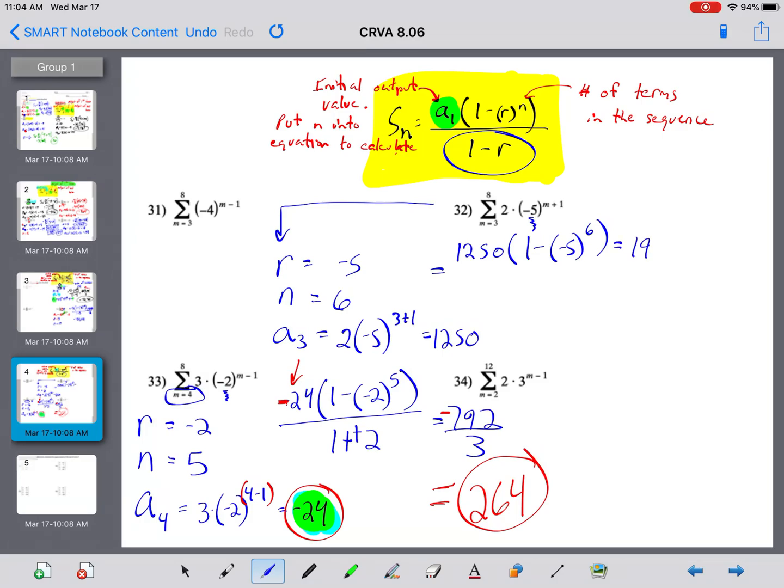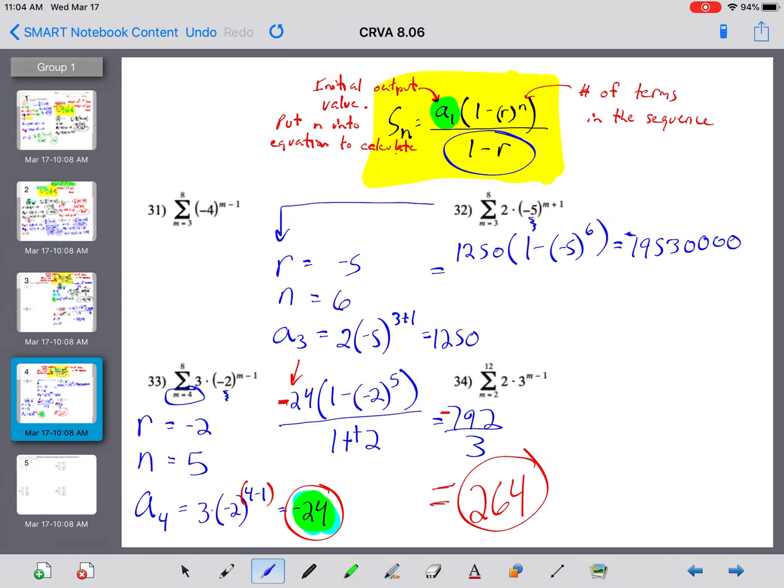Wowzers. 19. Oops, that's a negative. Yes, that's a negative. Negative 19,530,000.